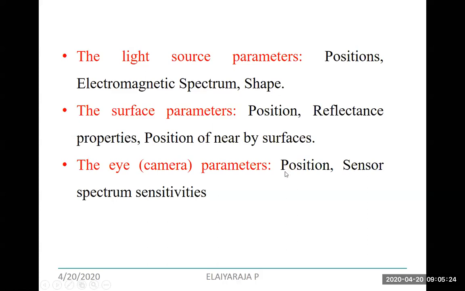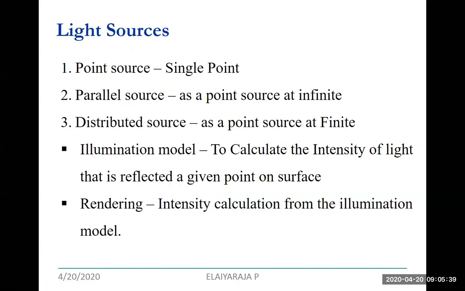And how you are going to view it from the viewer's side depends on the position of the viewer and the sensor spectrum sensitivities when it reflects. So we have various light sources.